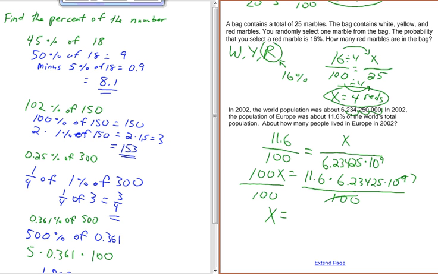So we do 11.6 times 6.2425, then hit second E, or second comma, and I put a 7 there, and I'm getting 7.23 times 10 to the 8 people in Europe.